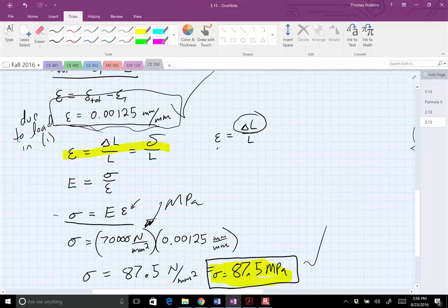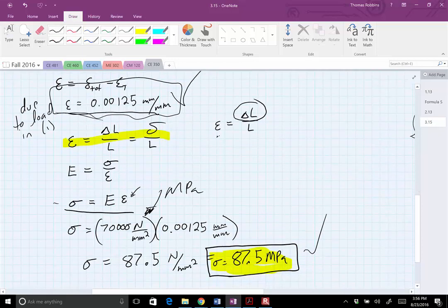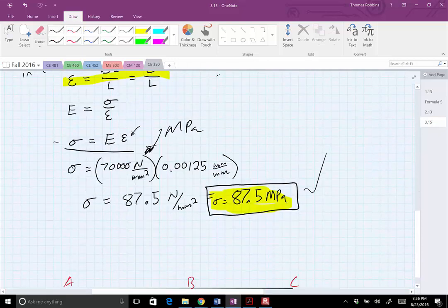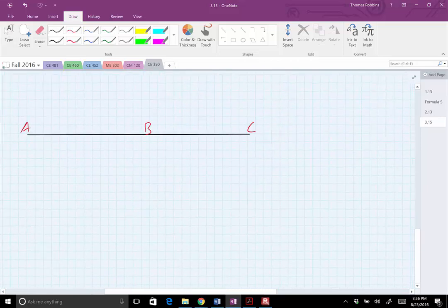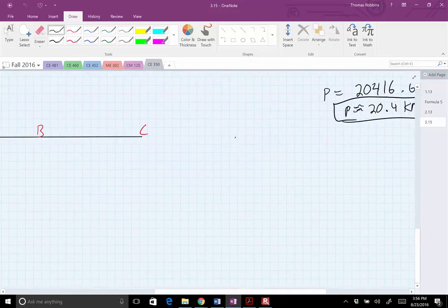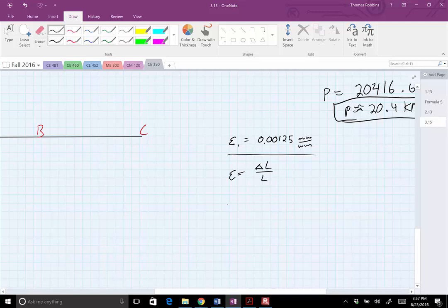Okay, so let's go ahead and do that. So epsilon of member 1 equals 0.00125 millimeters divided by millimeters. And with this, epsilon equals our change in length divided by length.